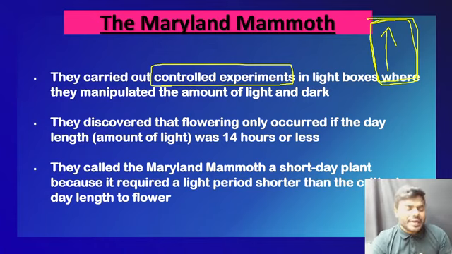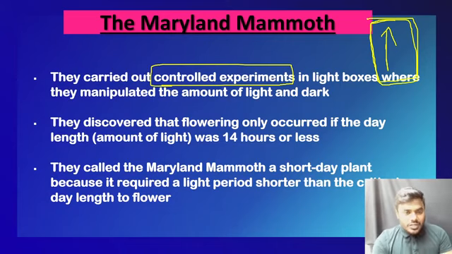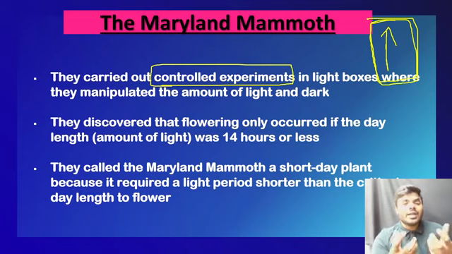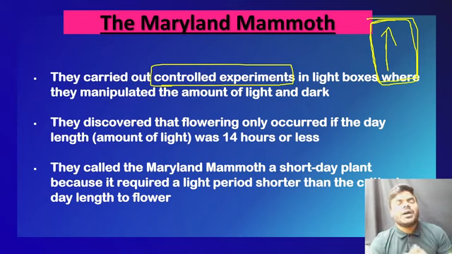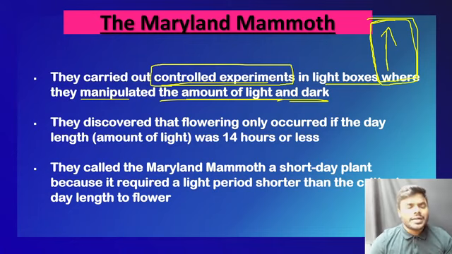They manipulated the amount of daylight and the amount of night also. The plant cannot understand which is the daylight and which is the dark condition. So they carried out the controlled experiments in light boxes where they manipulated the amount of light and dark.